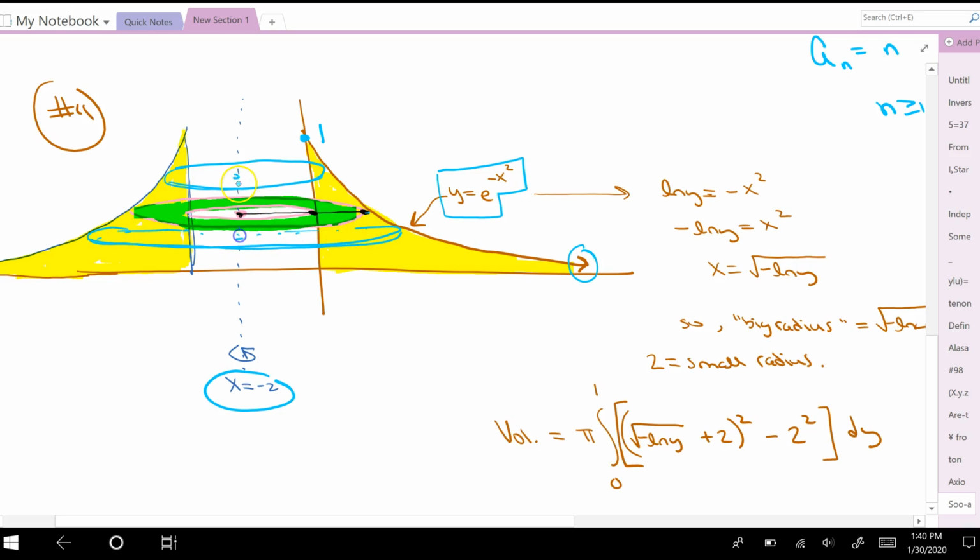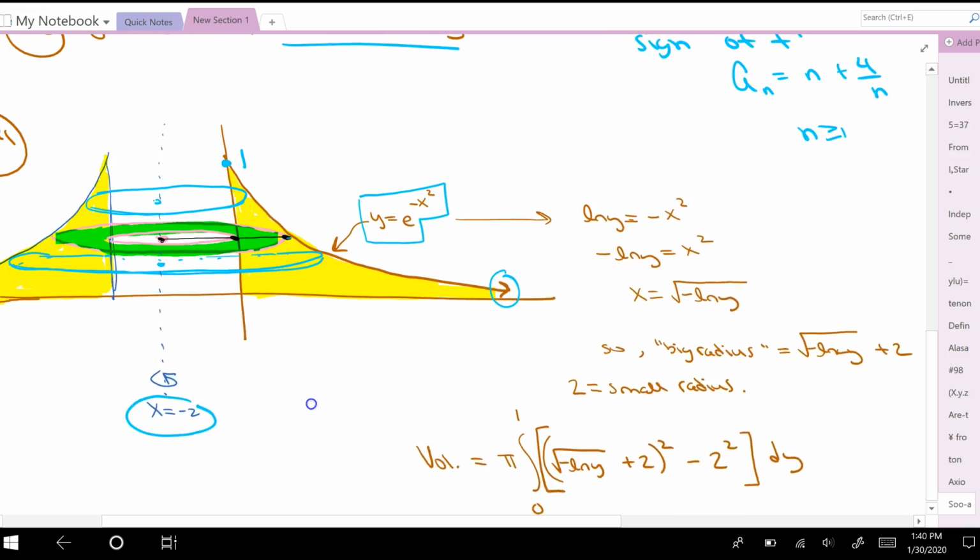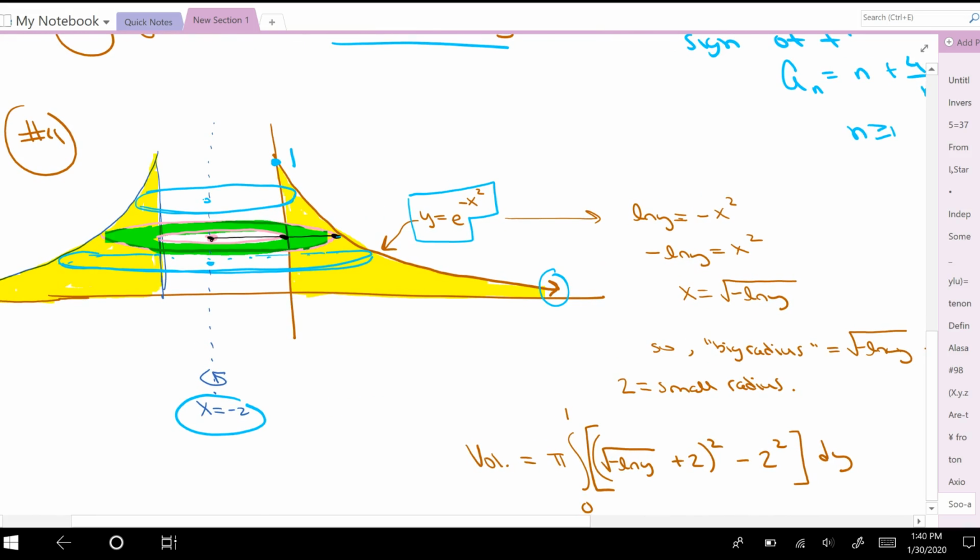Yes, y, an integral in terms of y, which means my dummy variable is dy. What's the interval over which these cross-sections are stacked? They are stacked over the interval from 0, although 0 is kind of a limiting value, to 1.